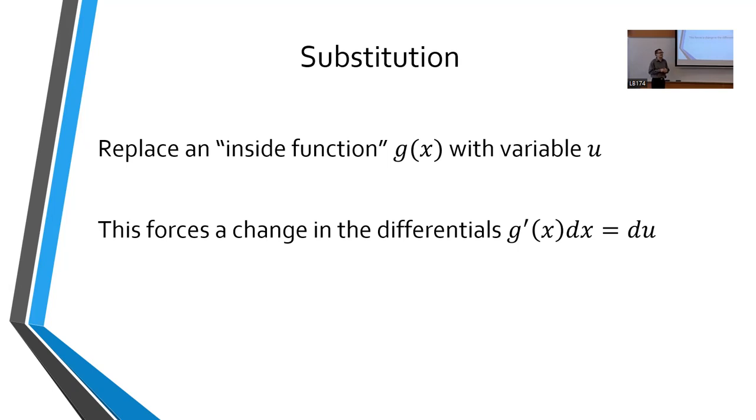And so if we're going to be integrating with respect to u instead of with respect to x, that's going to change. I can't just do a substitution of a du for a dx every time. When I do the substitution out from a dx, I actually need to have the derivative of the inside function times dx equals du.